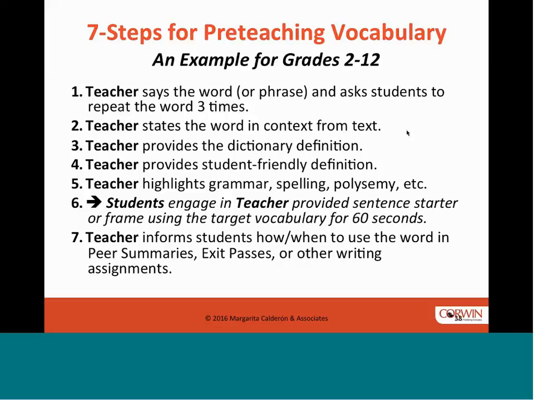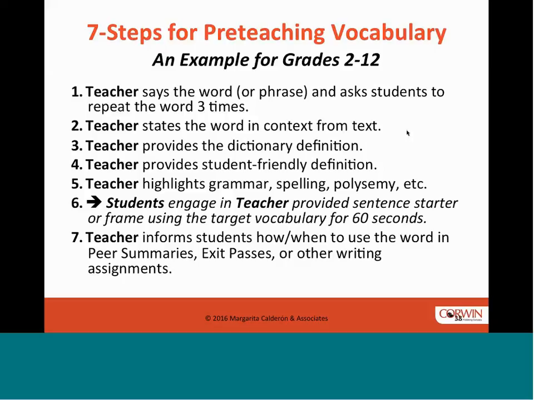We don't want to send the darlings to the dictionary because we know what's going to happen there, especially if it's a polysemous word. And then step number 4, teachers provide a student-friendly definition right after the dictionary definition, just to make sure that the students are really understanding the true meaning of the word and how it will be used in this particular context.